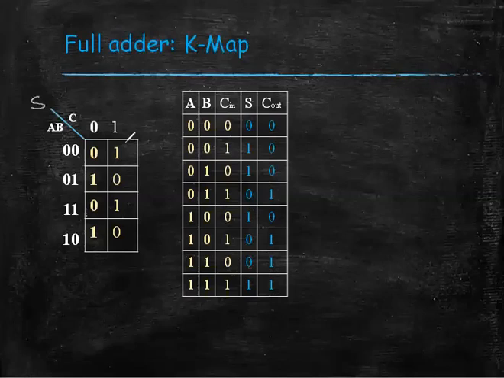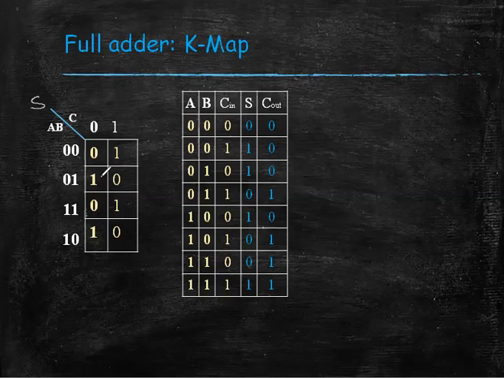I marked one here, and the second one is for 0 1 0, and the third one is here, that is for 1 0 0, and the last one is for 1 1 1.